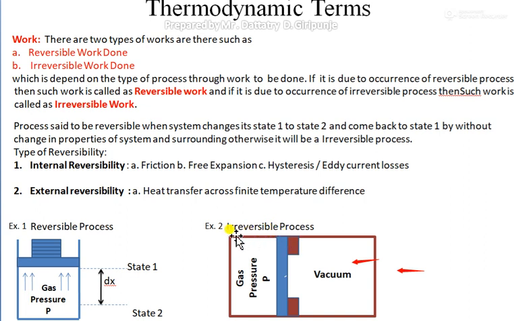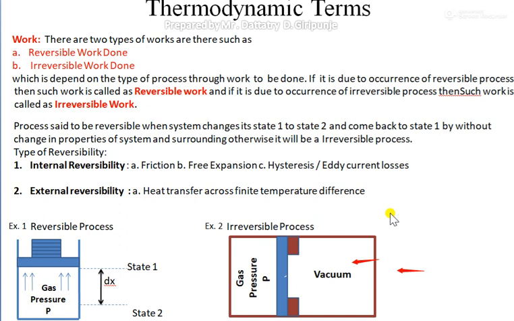So this is an irreversible process, because whenever the system comes back from state 2 to state 1, we borrow work from the surroundings, and due to that, when the system reaches the initial state, the system and surroundings are not both at the initial state. The system is at the initial state but the surroundings are not, because they lost the work.